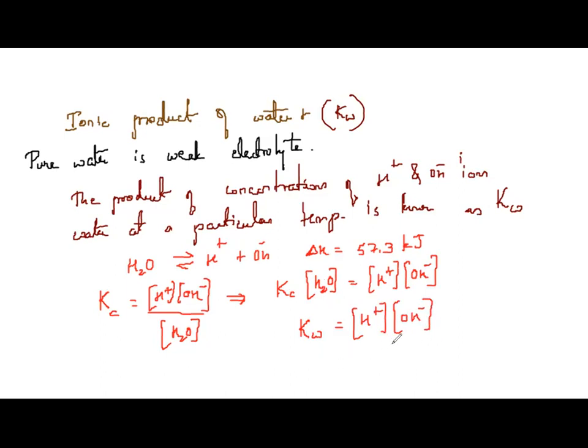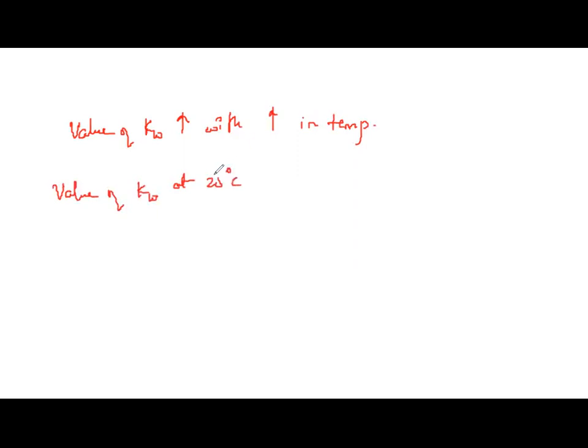So what is Kw? It is the ionic product of water. The value of Kw increases with increase in temperature, that is, the concentrations of H plus and OH minus ions increase with temperature. Specifically, the value of Kw at 25 degrees Celsius is 10 raised to minus 14.